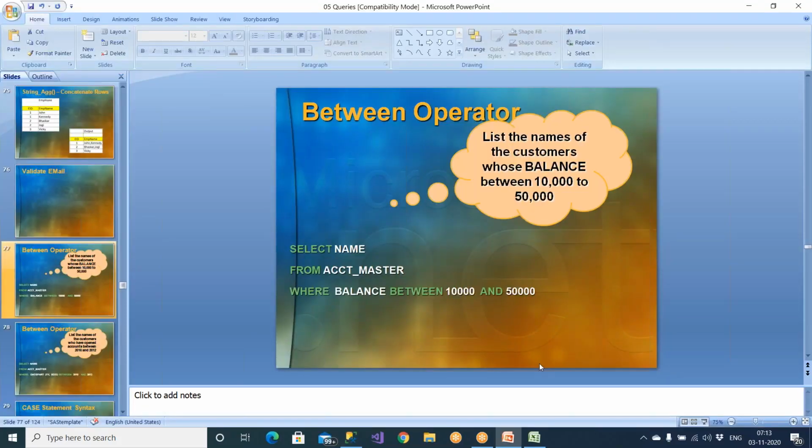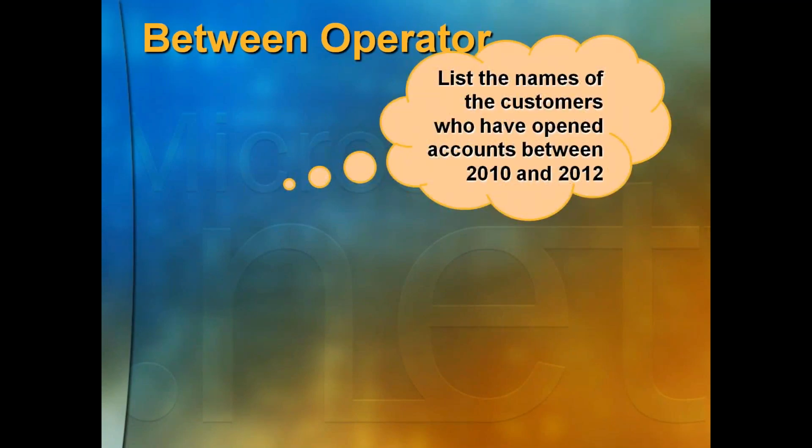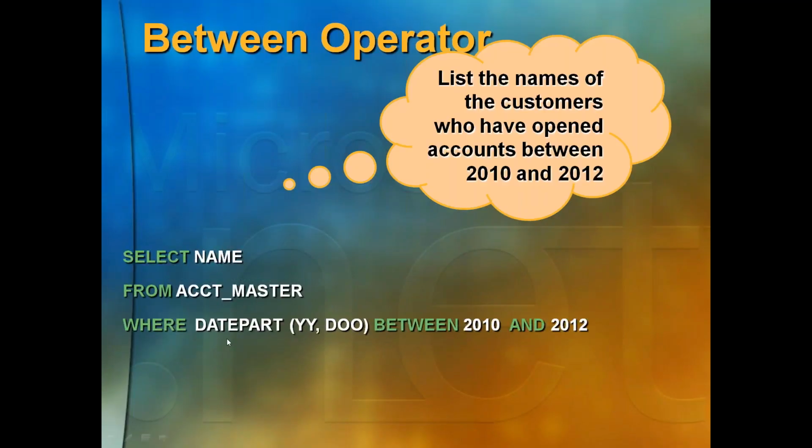Many interviewers are going to confuse you. List the names of the customers who have opened accounts between 2010 and 2012. So who are the customers who opened accounts between 2010 and 2012? DATEPART with yy will bring you the year number, and if you have any accounts in between, those accounts are shown to you, because I have to bring out only the year number.